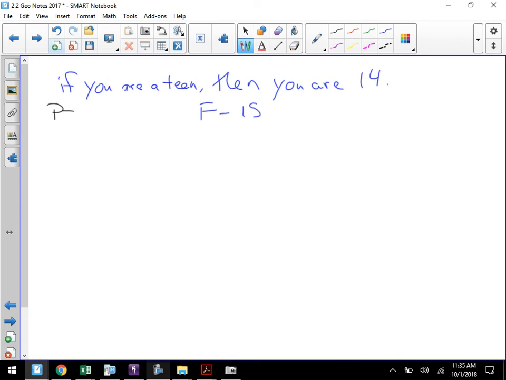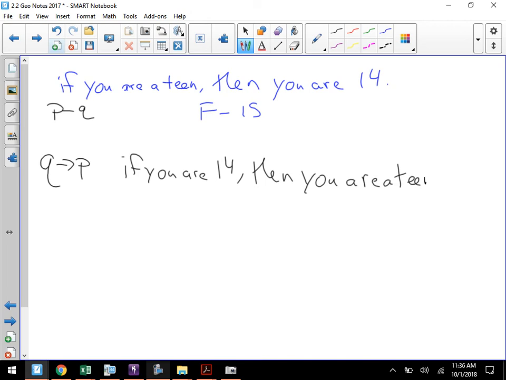When you were doing the counterargument, it was false, right, because that first statement's false. Then I flip it and it became true. If I write the converse of it: if you are 14, then you are a teen.